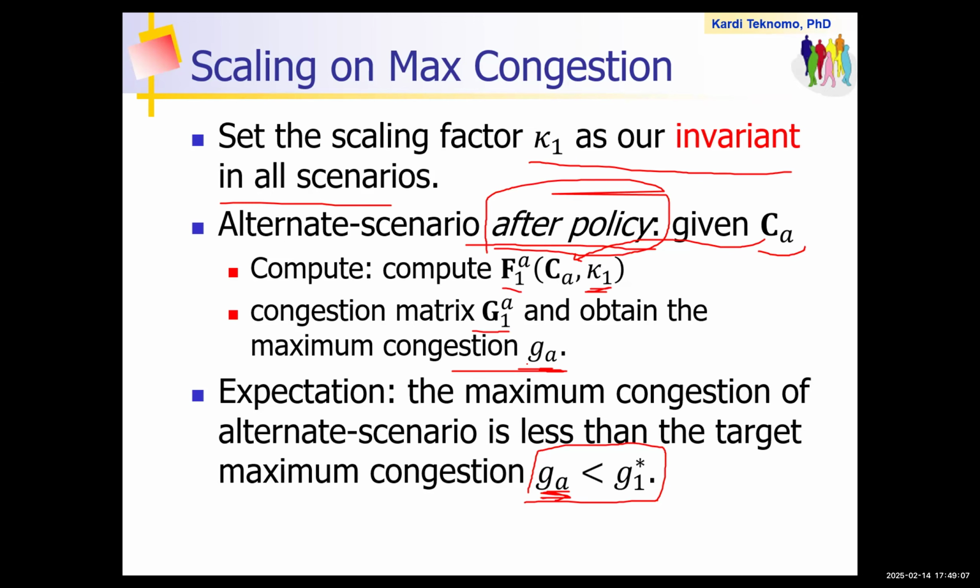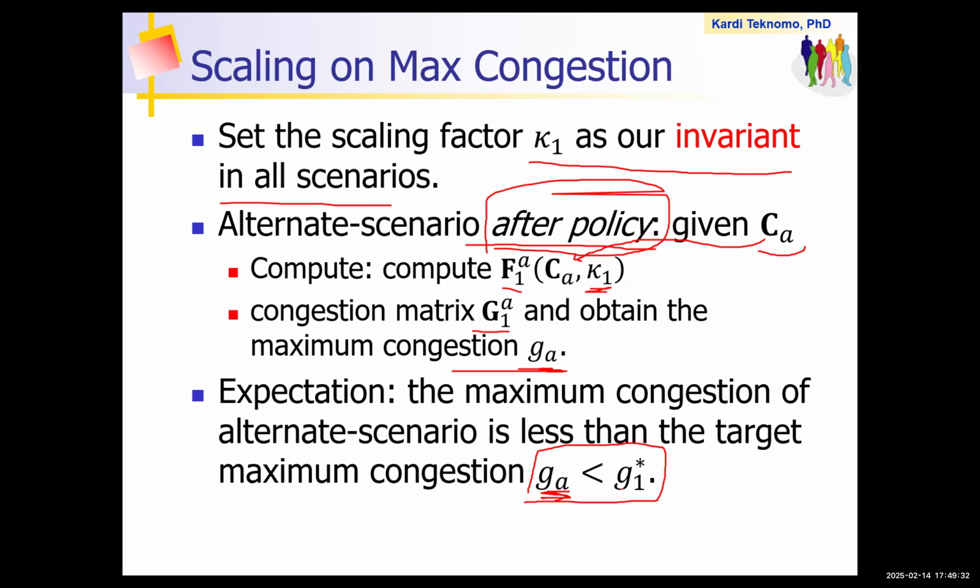Any idea? Any comment? Any critics? So if the alternative scenario congestion is higher than the target, of course you need to change your policy.